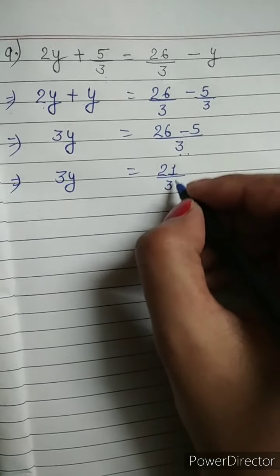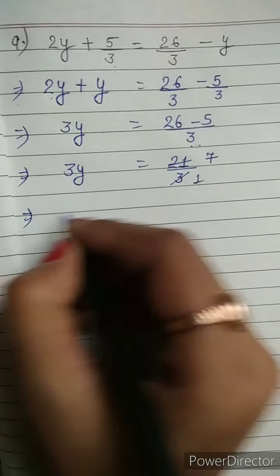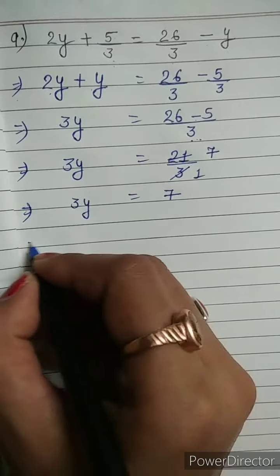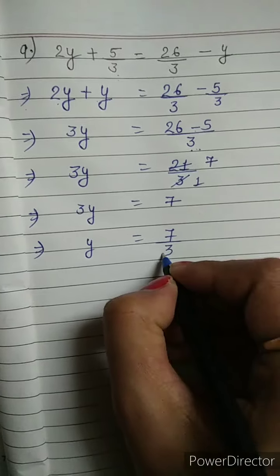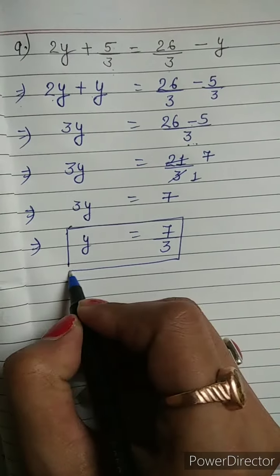When we reduce it from the table of 3, it will look like this: 3y is equal to 7. Here 3 is in multiplication, so it will go to division, that is 7 by 3. It means our value of y is 7 by 3.